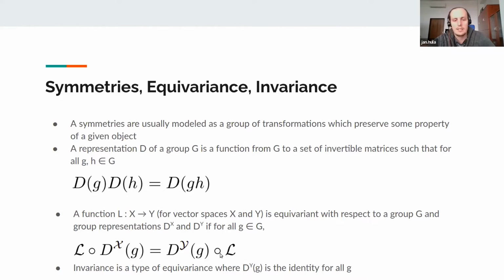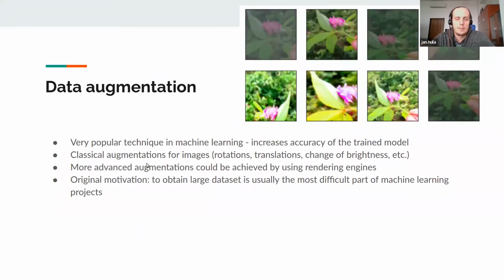Then it means that the output of the function will not change if we apply the transformation. So this is the formal notion of what we mean by equivariance, invariance, and symmetries.